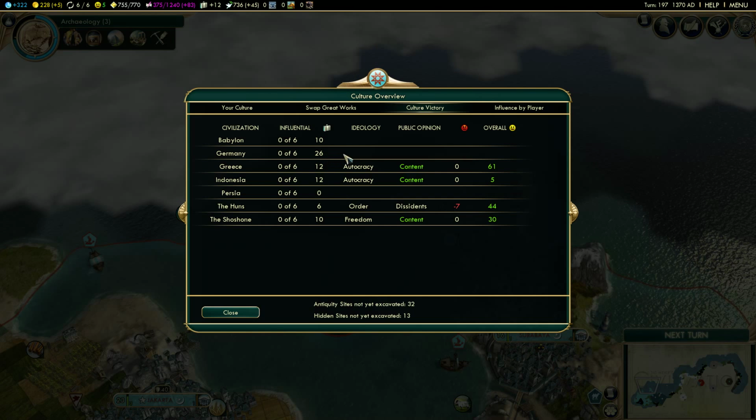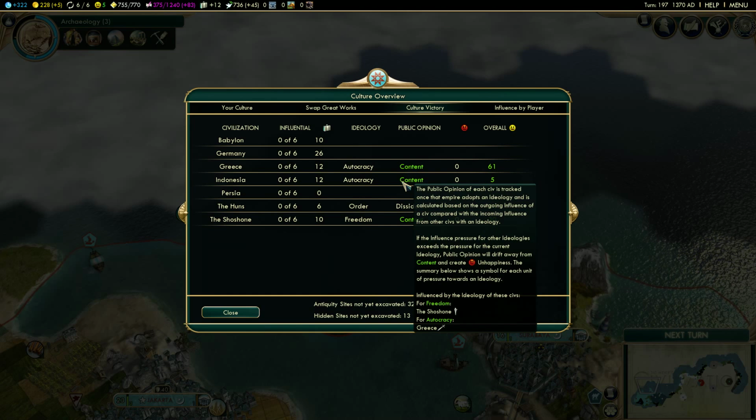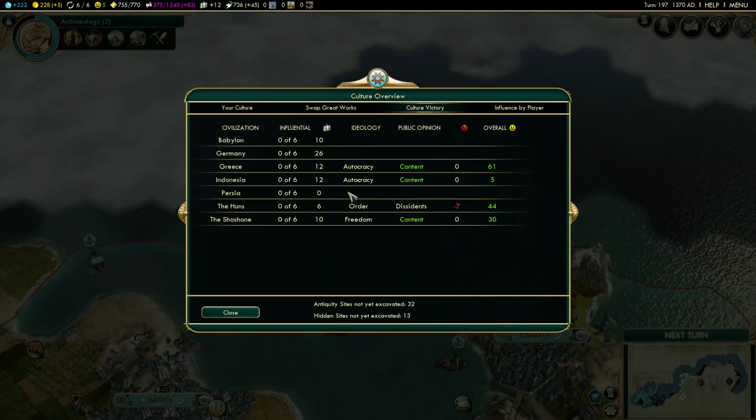Say that Germany got an ideology and they chose to go freedom, and well, the Shoshone will be happy with them, so their torches are now added up, their influence is added up, so that will mean I get 2 torches and later perhaps 3. That also means that Persia is very vulnerable because they are under familiar influence.